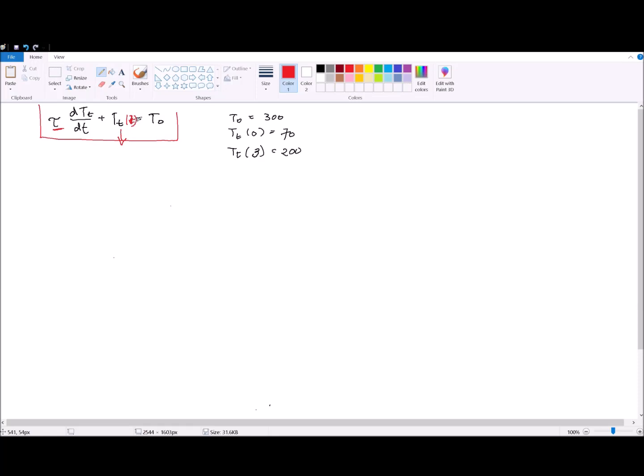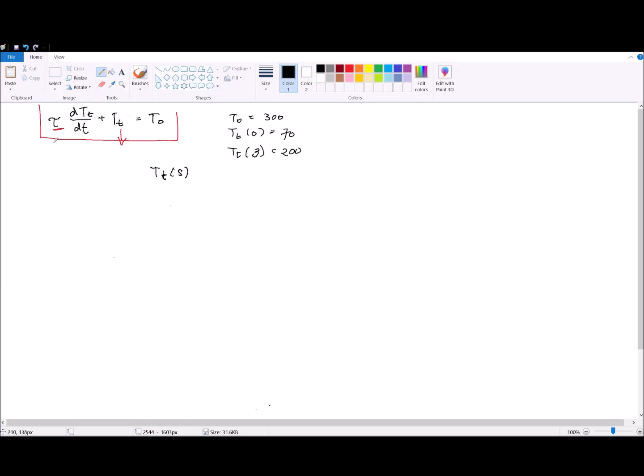We are going to transform it to the Laplace domain now. If you transform a time domain function to the Laplace domain, it will become a function of T sub t in the Laplace domain. So this is the function T of your thermometer in the Laplace domain.